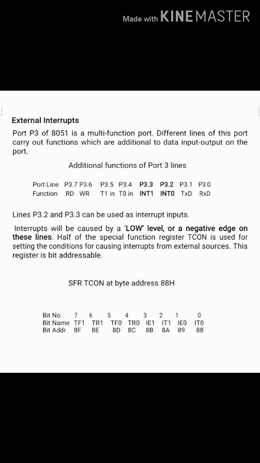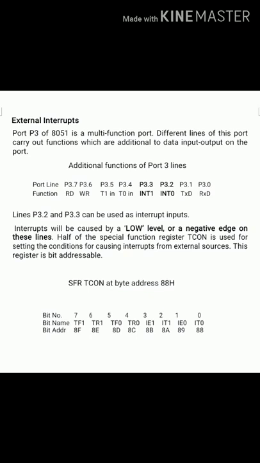Amongst them, 2 lines, port bit P3.2 and port bit P3.3, will act as interrupt 0 and interrupt 1. That means if an interrupt signal has to come to the microcontroller, it has to come on these 2 external interrupt lines only.